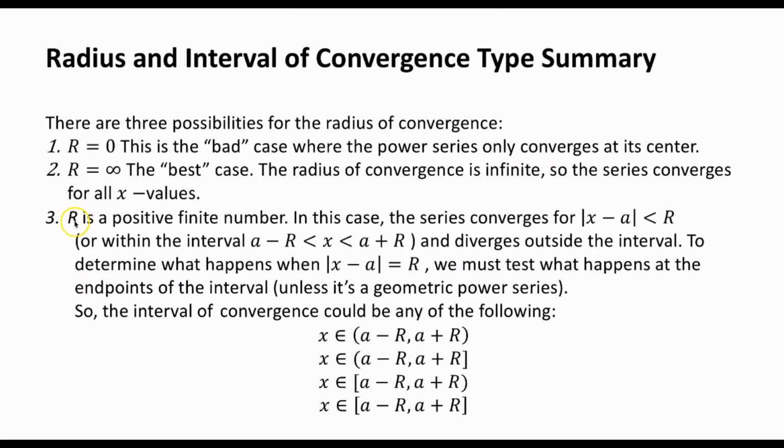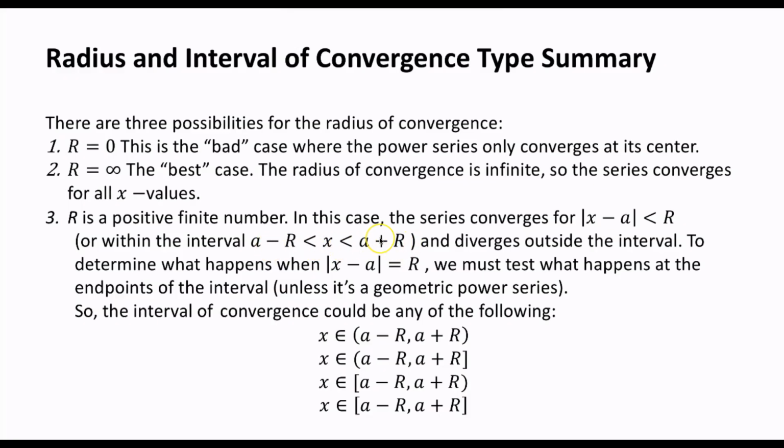Or the radius of convergence could be a positive finite number. In this case, the series converges for all x values that satisfy the absolute value of x minus a is less than r. Of course, we can solve that inequality and get this interval: a minus r is less than x is less than a plus r.